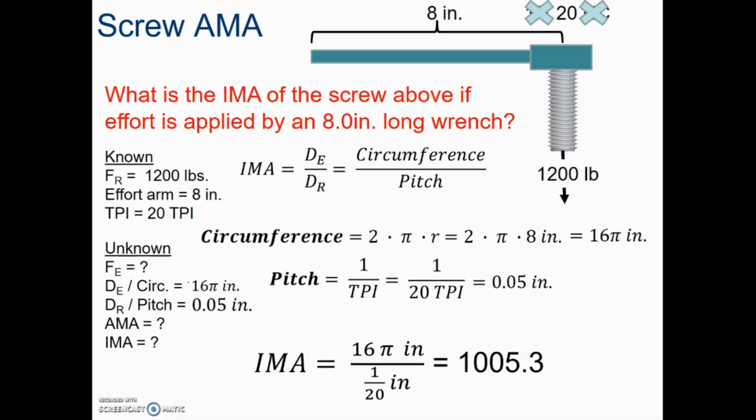Notice how my inches cancel out on top and on bottom. And we're left with 1005.3 as an IMA, which is huge. That is gigantic. Great mechanical advantage that we get from a screw. And it kind of makes sense that we don't have to put that much effort into something gripping really, really strongly.